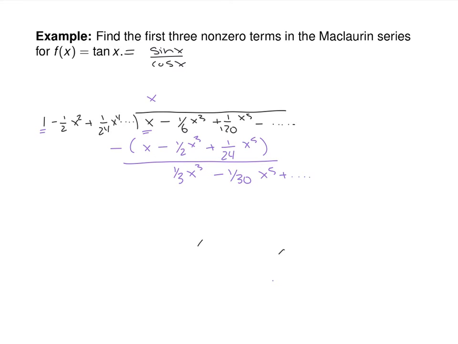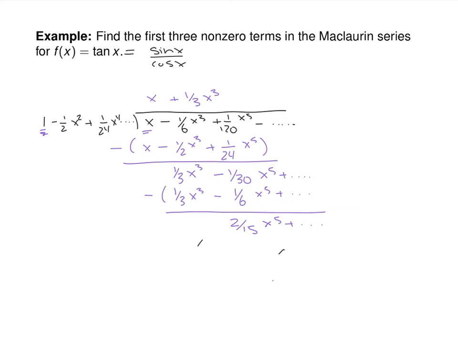Then you think, what do you multiply this 1 by to make it match that 1/3 x cubed? And the answer is 1/3 x cubed. So we'll have 1/3 x cubed minus 1/6 x to the 5th, and then plus some higher order stuff. Now those cancel, we get negative 1/30th, actually plus 1/6, which is 2/15, plus more stuff.